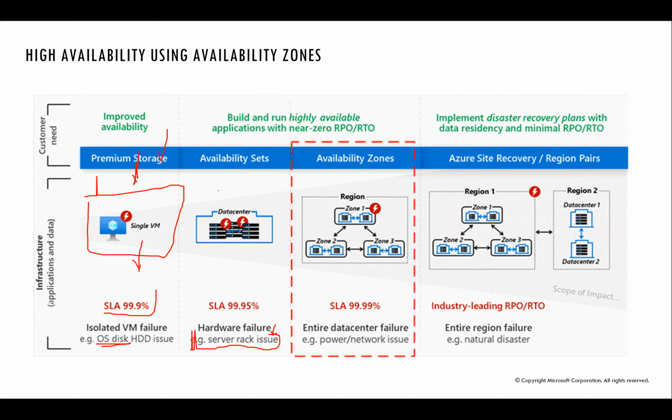So they are saying if you set up your VMs in an availability set, we can give you an extra 0.05% assurance, making it 99.95%. Which means you have more than one VM, and using that availability set, you'd place them in different fault domains and different update domains. Then we'll guarantee you 99.95%.